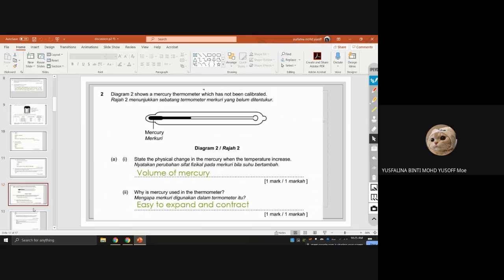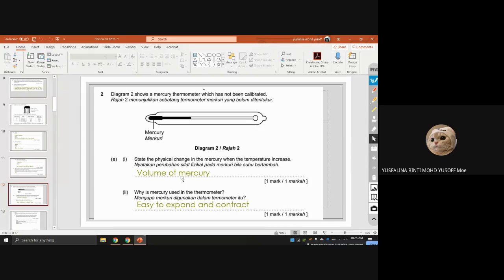Next one, number two. The diagram shows a mercury thermometer which has not been calibrated. State the physical change in the mercury when the temperature increases. When the temperature increases, the mercury will expand, meaning the volume of the mercury will increase. So the answer is volume of mercury.